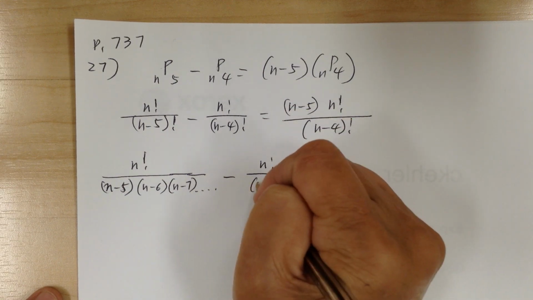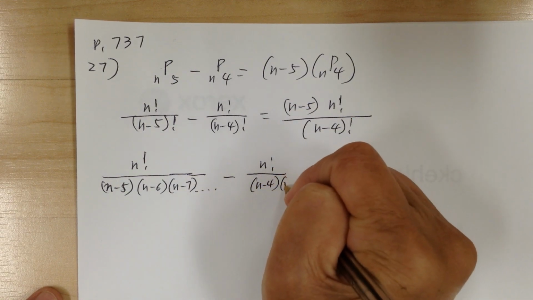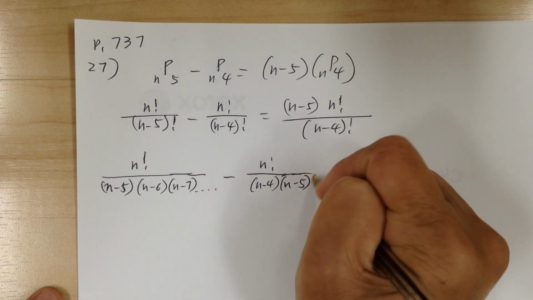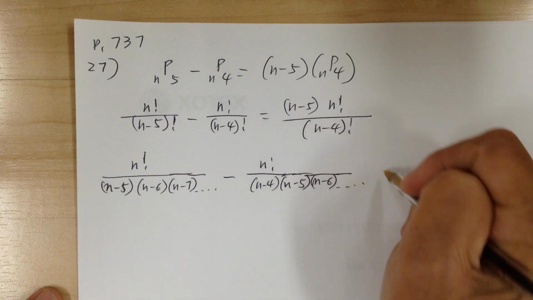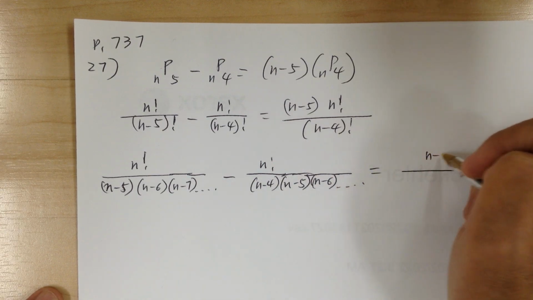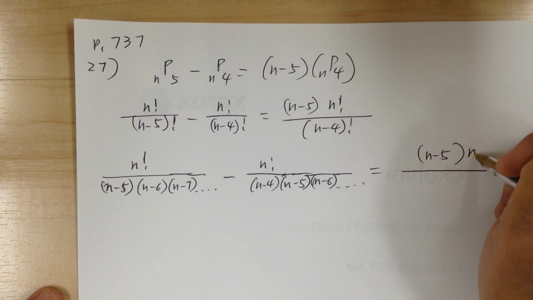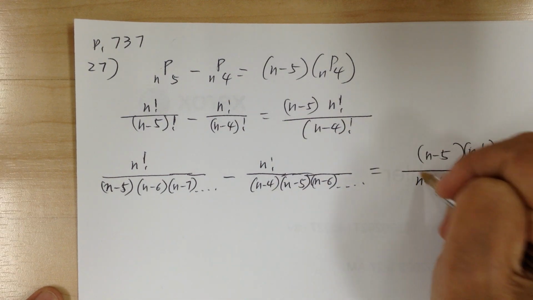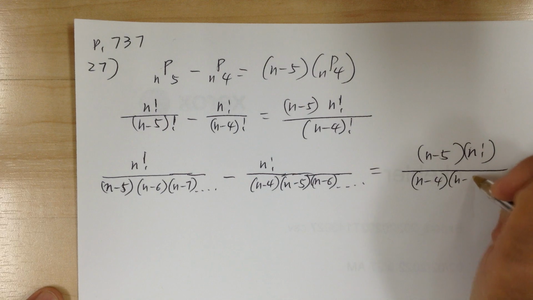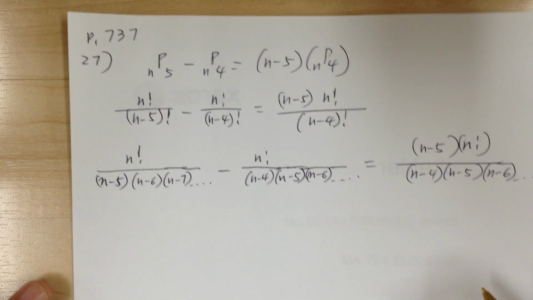And do the same thing over here: n minus 4, n minus 5, n minus 6, and so on. And this side I'm just going to leave the same. This one is going to be n minus 4, n minus 5, n minus 6, and so on.